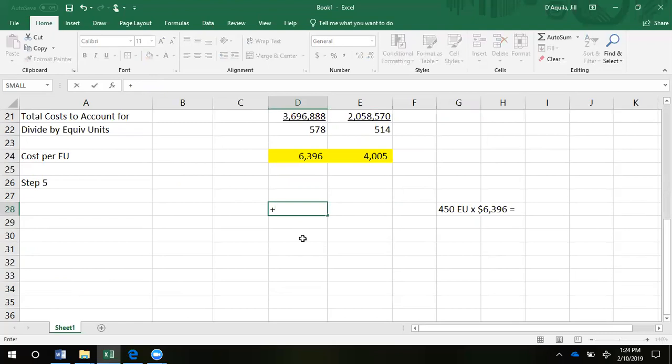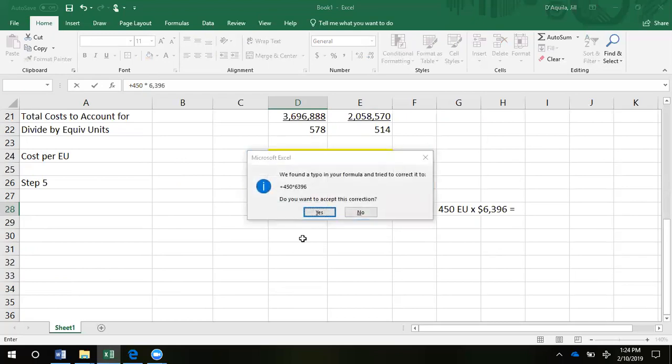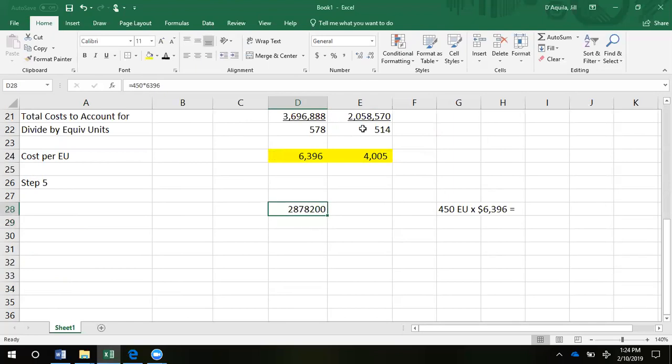So let's do the math. 450 units times 6,396 gives me $2,878,200.